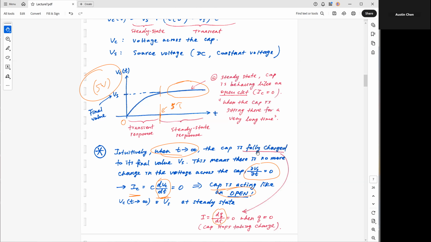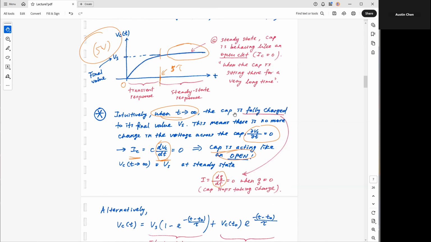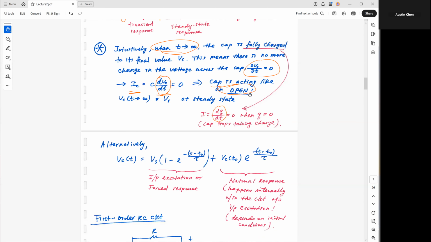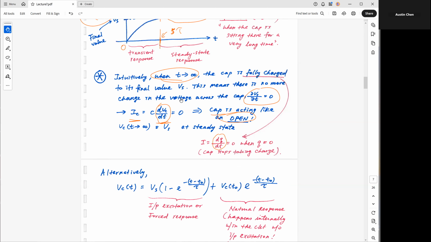The capacitor is fully charged, dq/dt is 0, so the current is 0, and no current can go into an open circuit. So this capacitor behaves like an open. This is one concept that we will see and use quite a lot later when we look at some examples.